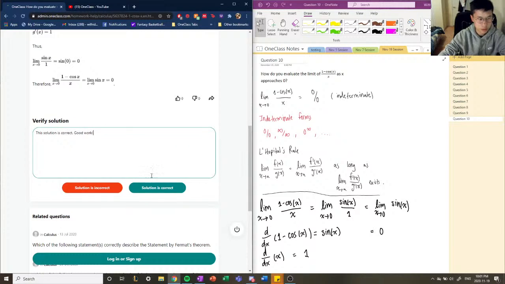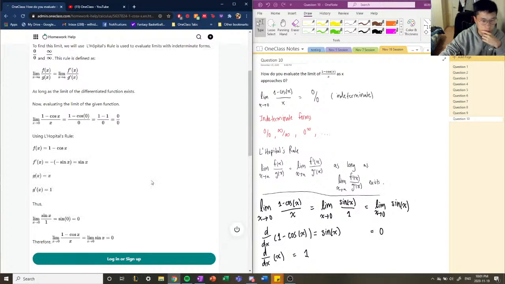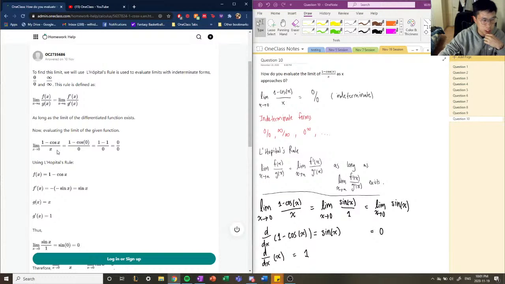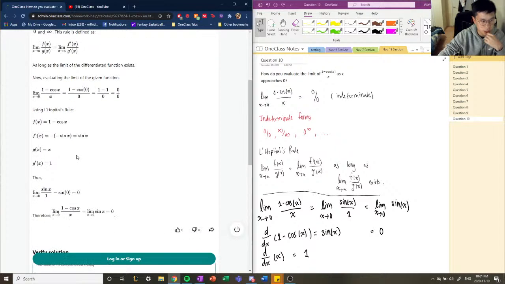So we realized that 1 minus cos x over x as x approaches 0 is indeterminate. So we use L'Hopital's rule to calculate the limit. We differentiated both the top function and the bottom function. The top function is 1 minus cos x. 1 is a constant, so that is equal to 0 when we differentiate it.